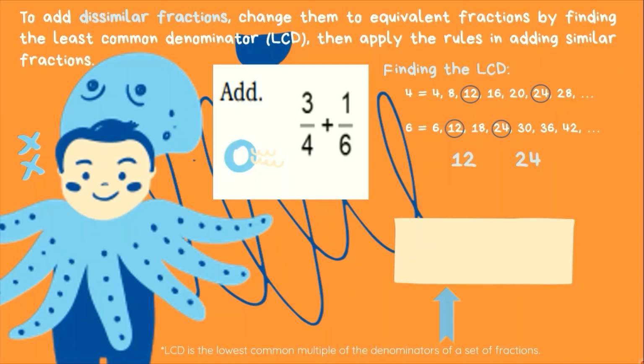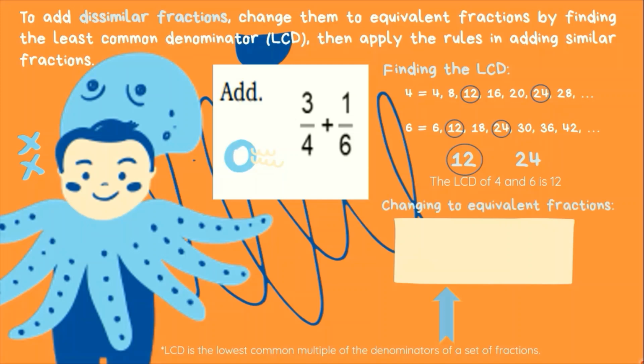So between 12 and 24, ang ating hinahanap ay LCD, least common denominator. 12 at 24 ay common between 4 and 6, pero ang hinahanap natin ay LCD. Therefore, yung mas maliit sa kanilang dalawa. Between 12 and 24, ito ay 12. Kaya naman, the LCD of 4 and 6 is 12.